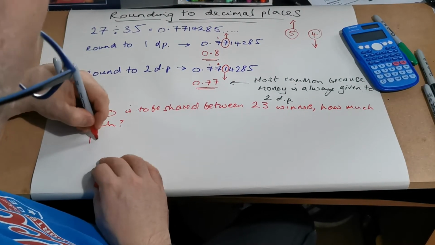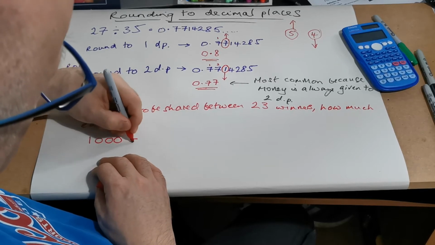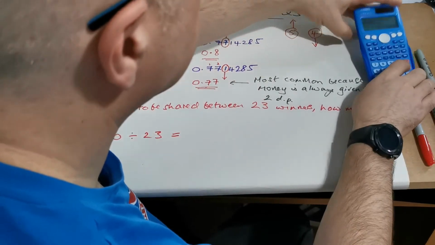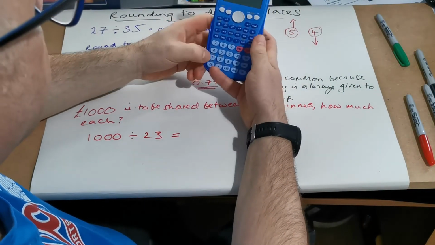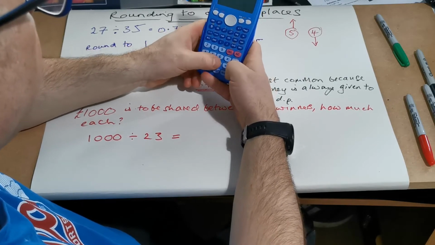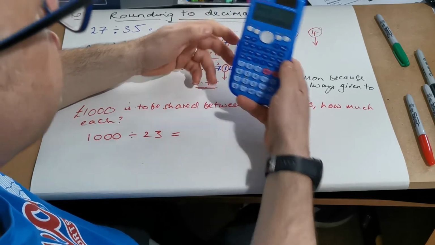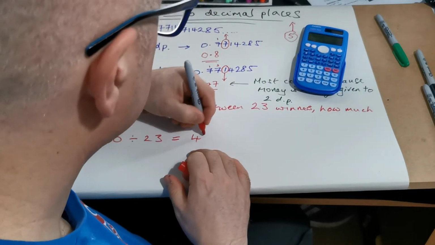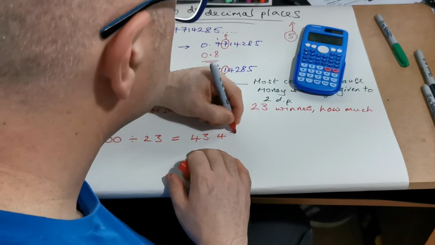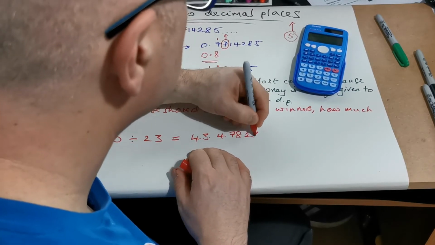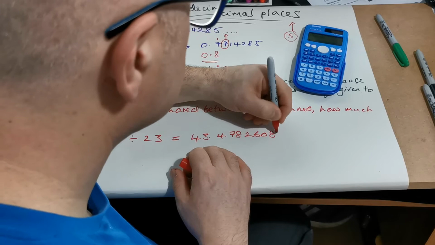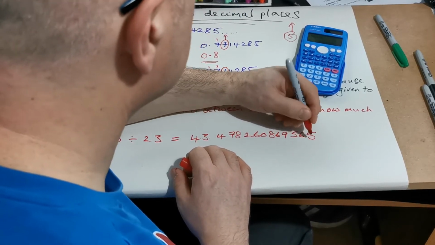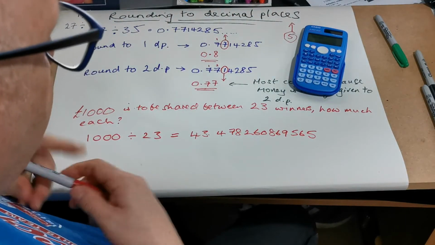I would first have to do 1,000 divided by 23, which would equal something truly horrendous, 43.478260956, and it gives me the option to go further, but it's irrelevant.